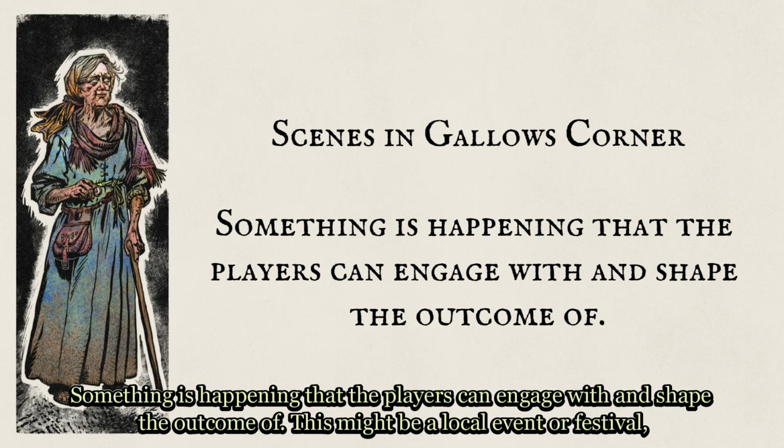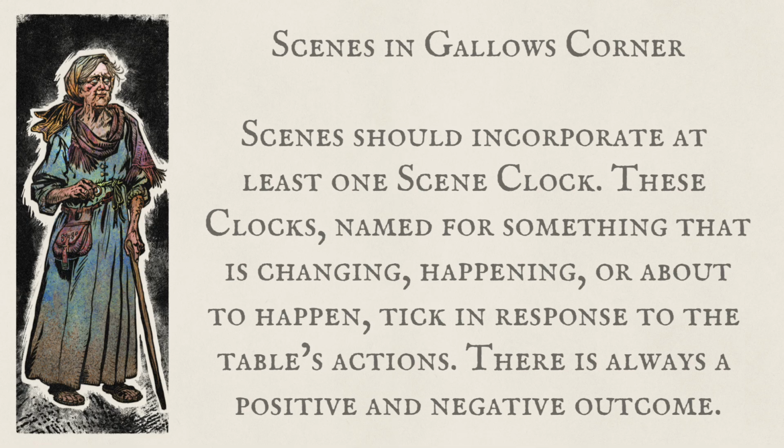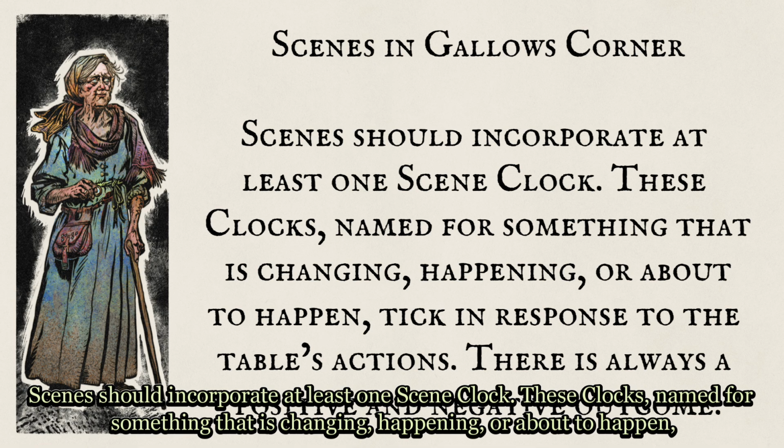In a scene, something is happening that the players can engage with and shape the outcome of. This might be a local event or festival, the arrival of a new threat or antagonist, a problem to be solved, a mystery that needs investigating, or an opportunity just too good to be overlooked. Scenes should incorporate at least one scene clock.